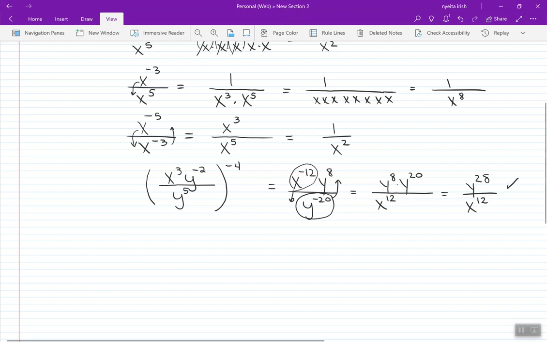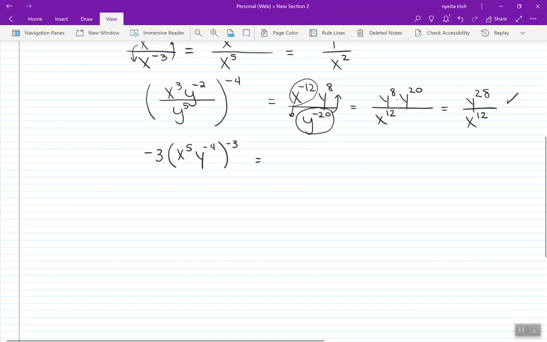Okay, let's try another. If I have a negative 3 times x to the 5th, y to the minus 4, raised to the negative 3 power. And again, I like to take care of the outside power first, but notice this time the negative 3 power is only responsible for this base here, not the number negative 3.